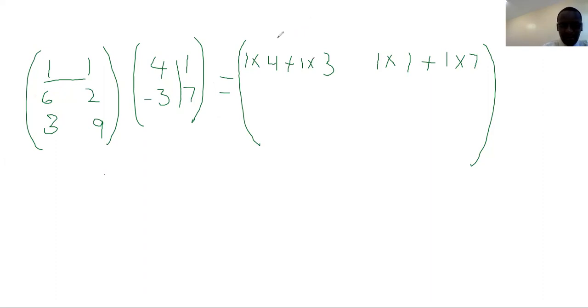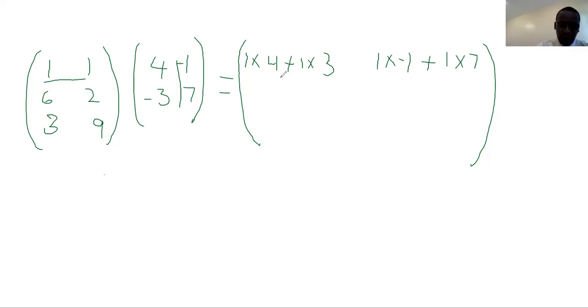Allow me to put also this one here as negative for the second row. So this will be 1 times 4, and this will be negative here. So let's move on.